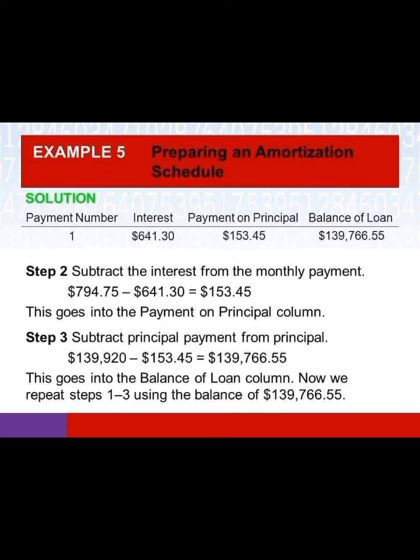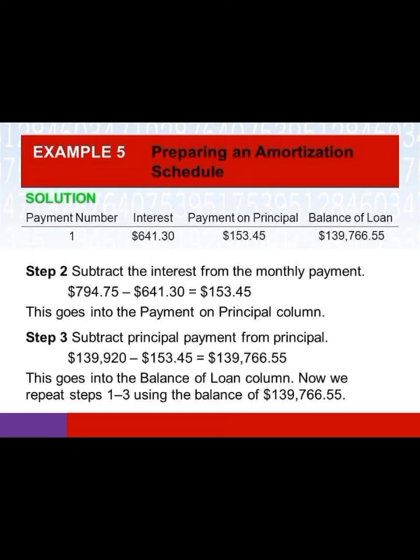So $794.75 minus $641.30 equals $153.45. This goes into the payment on principal column, the third column. Step 3, subtract principal payment from principal. $139,920 minus $153.45 equals $139,766.55.